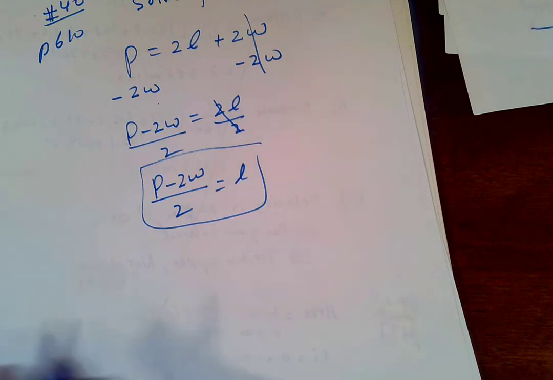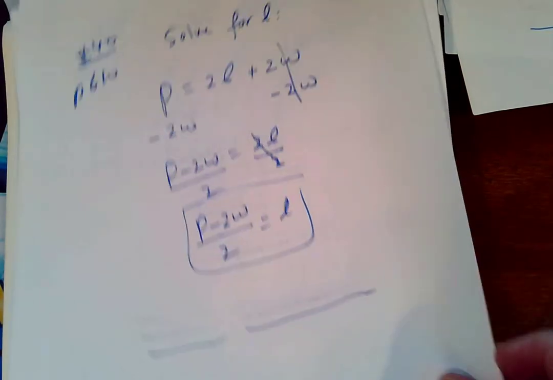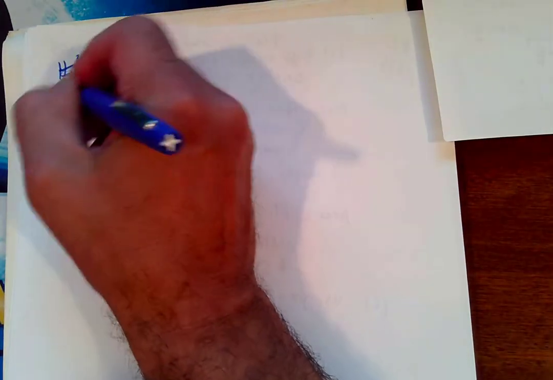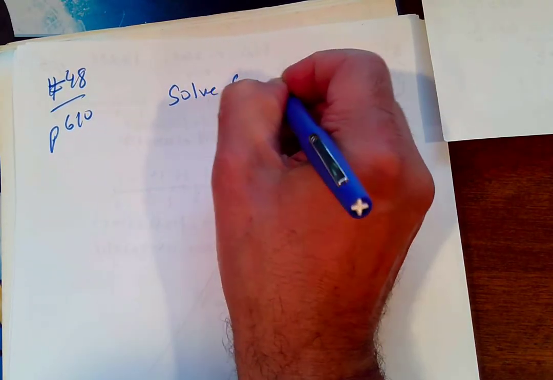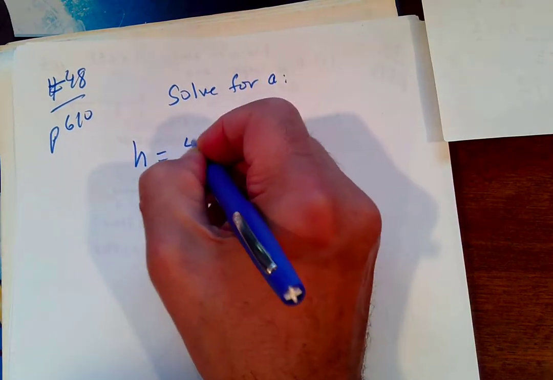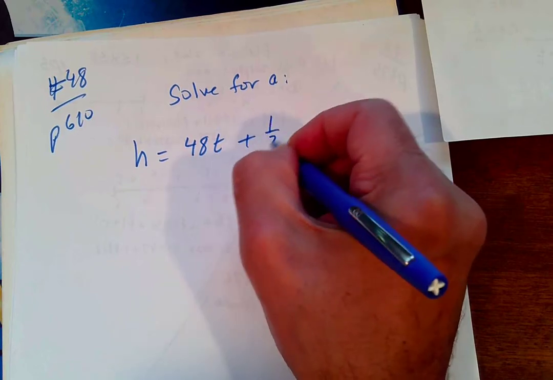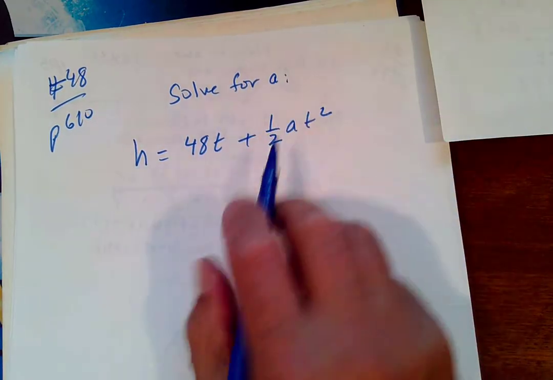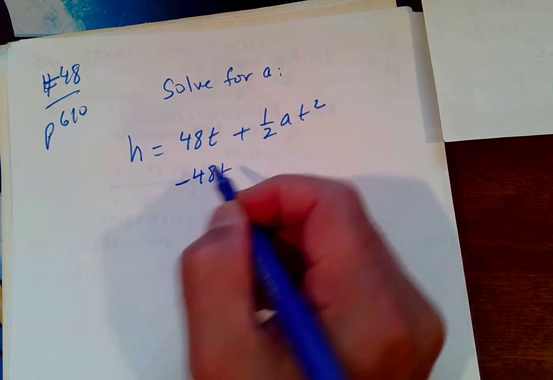Now number 48, page 610. If you want to solve for A, where we have h equals 48t plus 1/2 at squared. So to isolate A, we want to first subtract 48t.